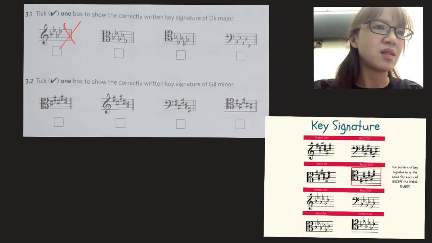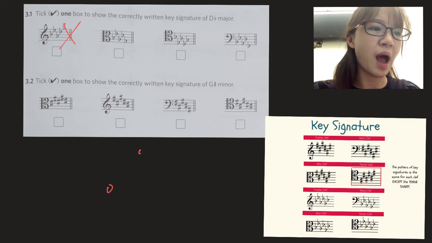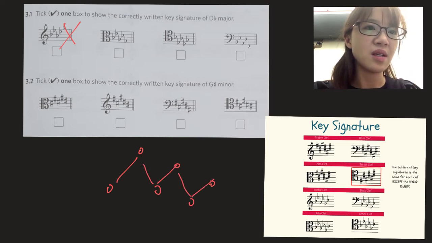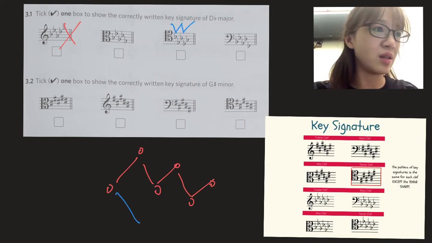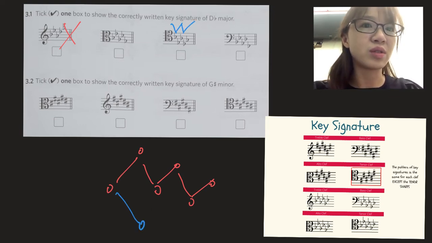And next one, okay, now we can check the following. This tenor clef also looks not correct, because the shape should go down, up, down, up, down, up. It should be in this way. But this shape starts like this, so it goes down. So this is not correct.